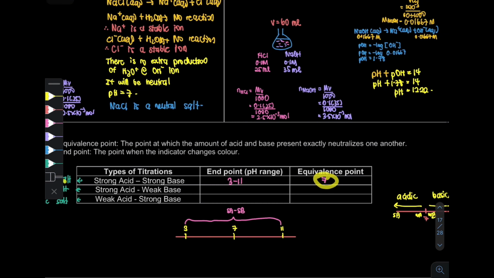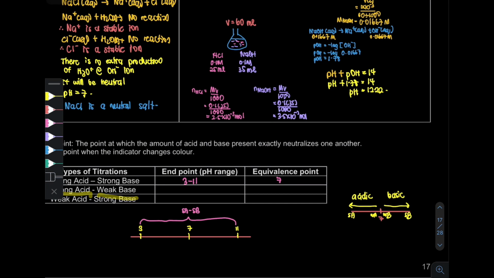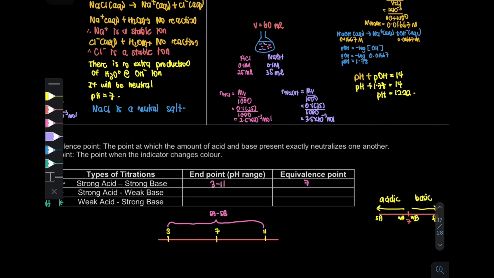Okay, next we're going to look at the case of strong acid, weak base. Strong acid has a low pH. Weak base is not very far from neutral, but near to 7. Okay, so strong acid, weak base is here between 3 until 7.